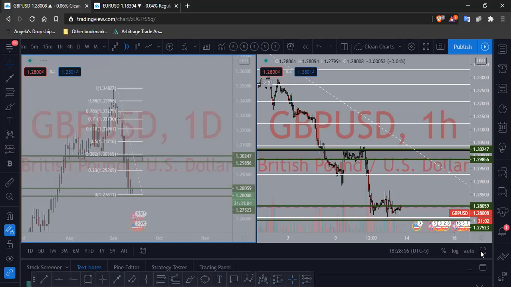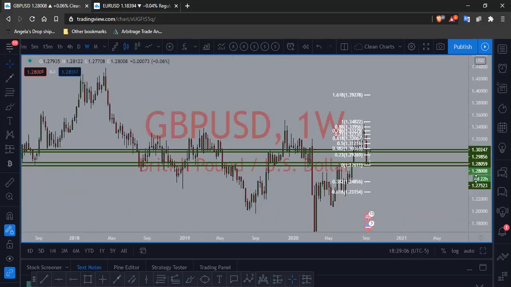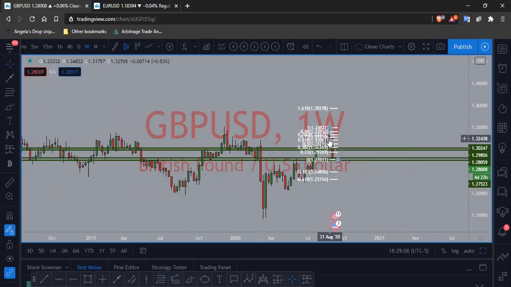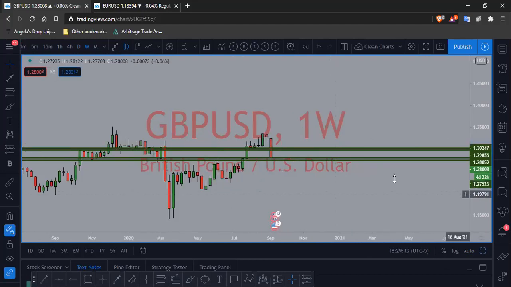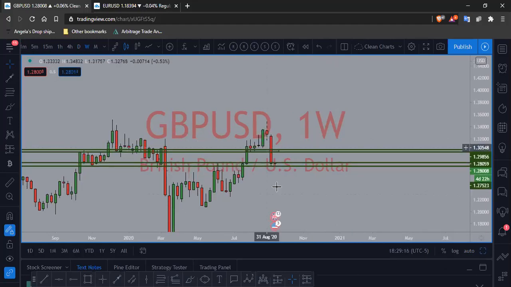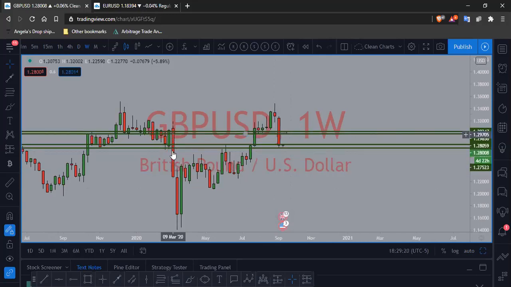What I'm not really a fan of GU doing is that last time we had a huge bearish candle like this, another one followed up the very next week, and that was back in March, the 9th of March.